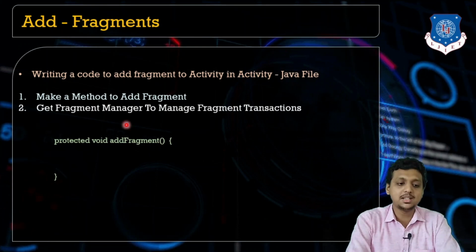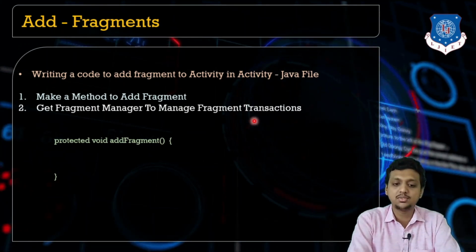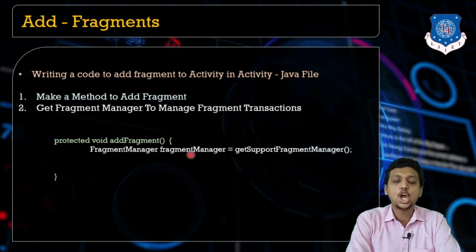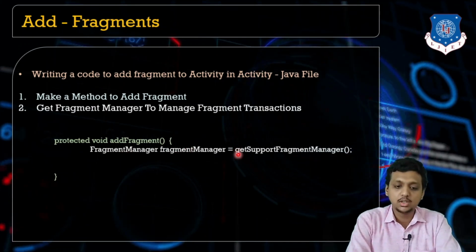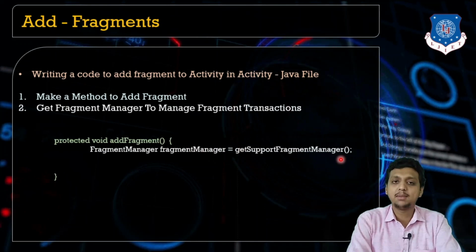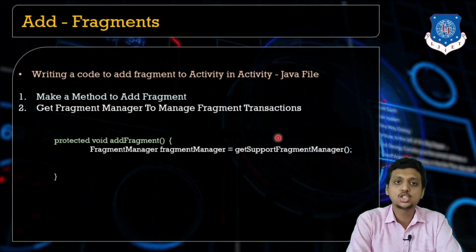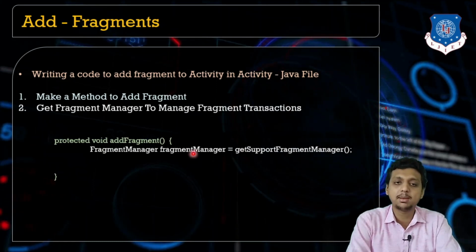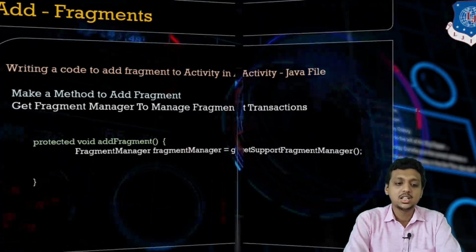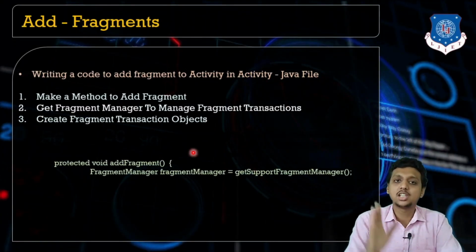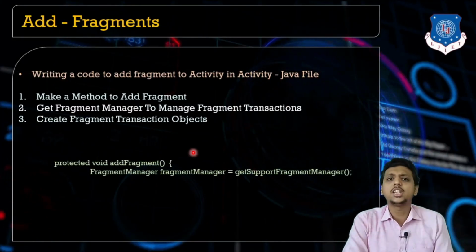So the second step is to get the fragment manager to manage the fragment transaction. How to get it? The syntax is FragmentManager fragmentManager = getSupportFragmentManager(). By calling the getSupportFragmentManager method, students, you can create the object of the fragment manager. Now, step number 3 is to create a fragment transaction object.